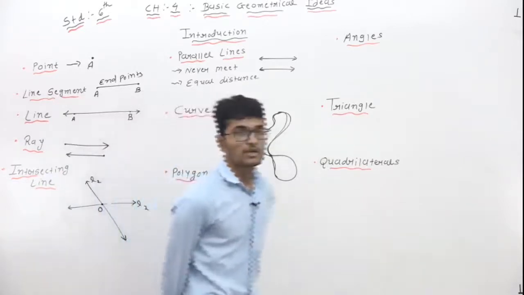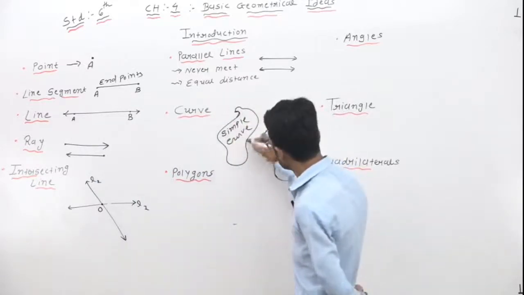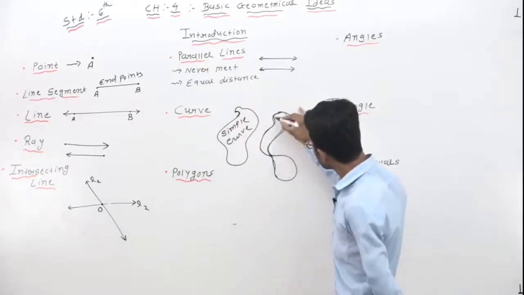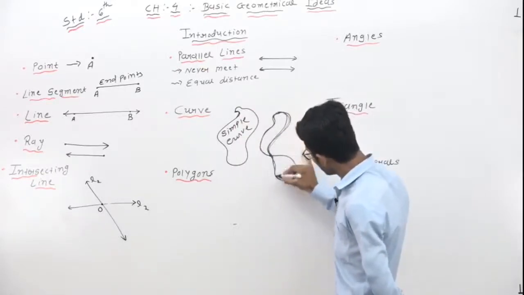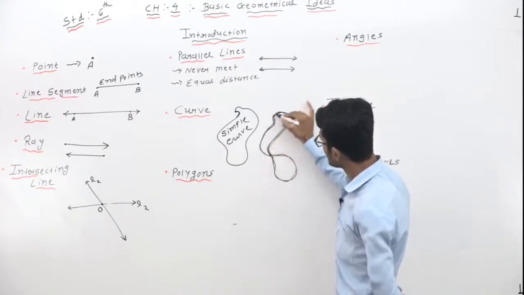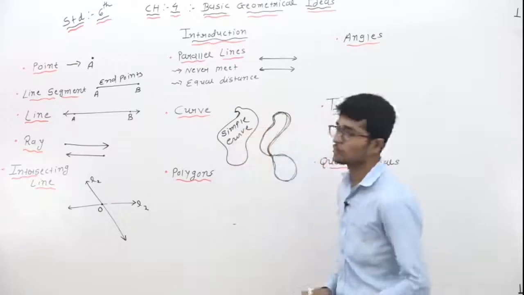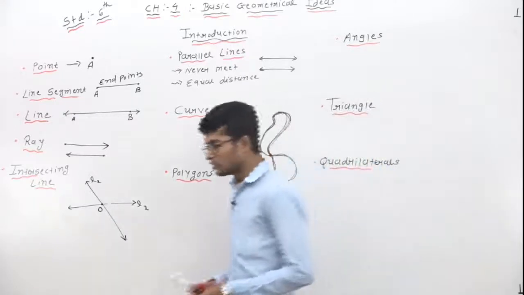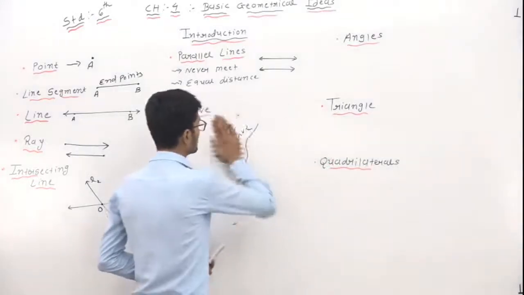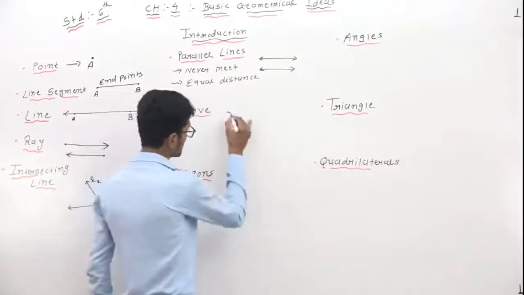Because it does not intersect at the end point. This one is a simple curve. But here it is drawn from here to here, and then once more through this point. So this one is a curve, but this type of figure is not called a simple curve. Now, let's discuss the simple curve. So dear students, we draw one.